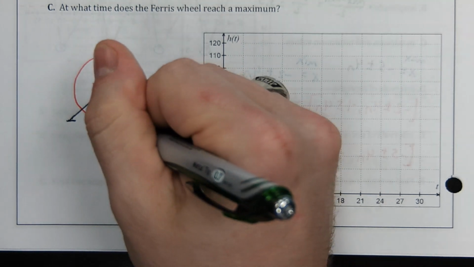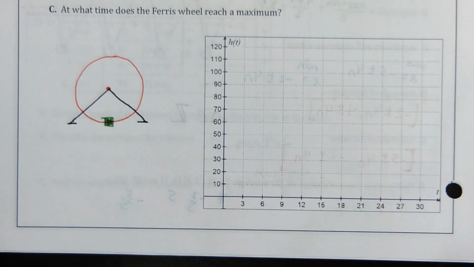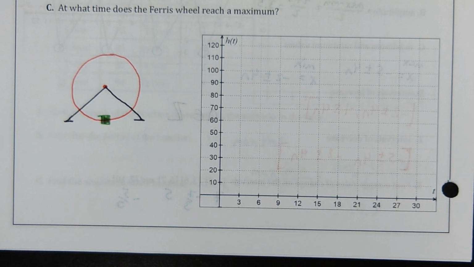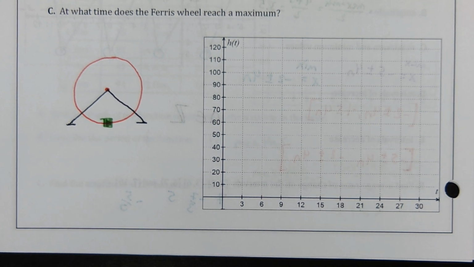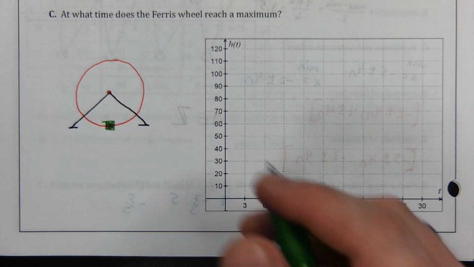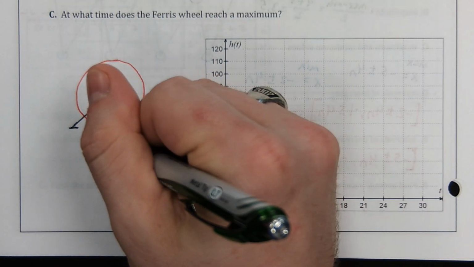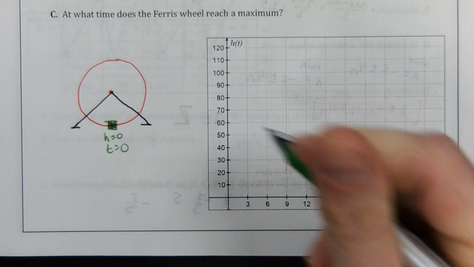And we hop in a car at a height of 0. Because remember, it's gouged so it doesn't drag on the ground. When you get in this thing, I'd say time equals 0. Here is h equals 0 and t equals 0.